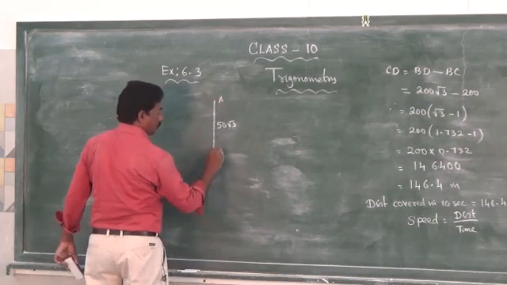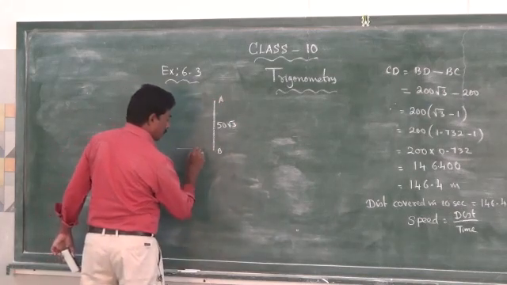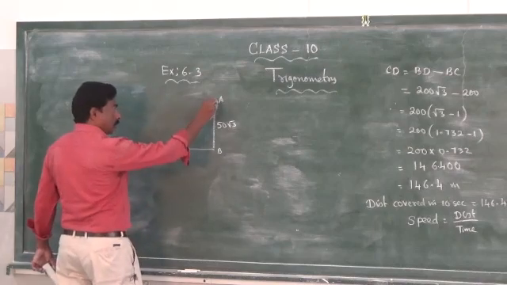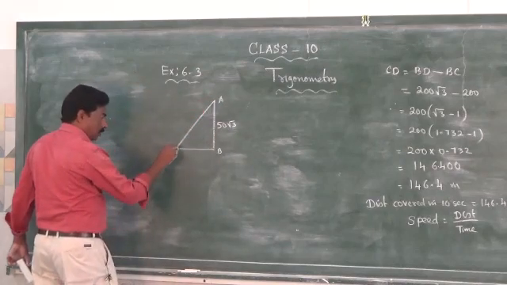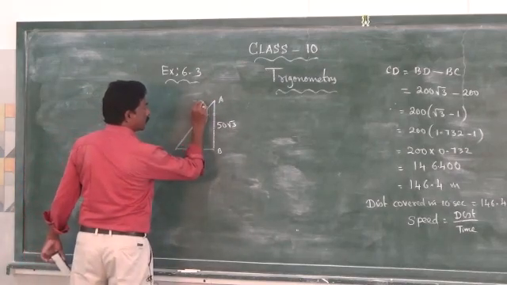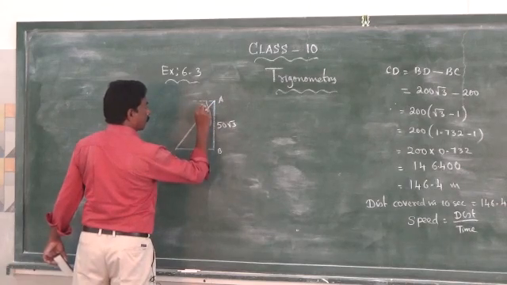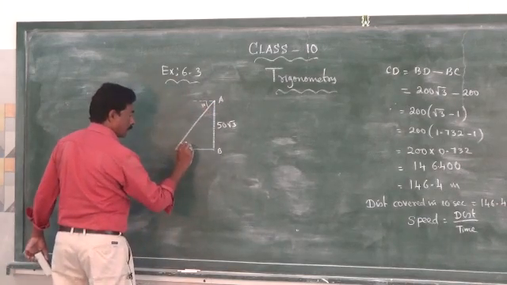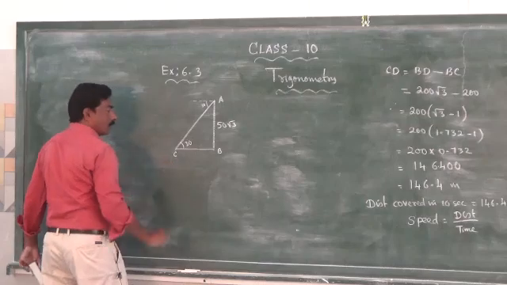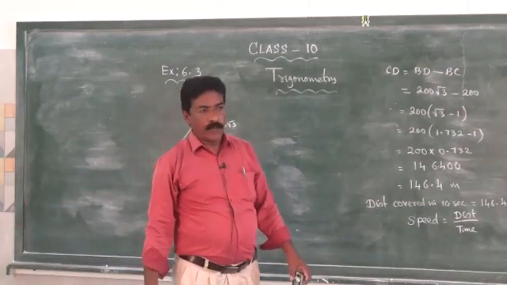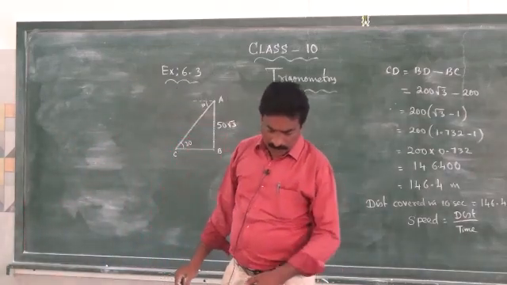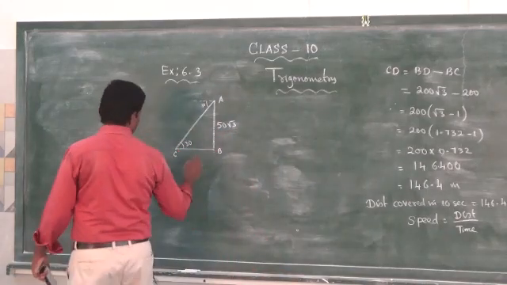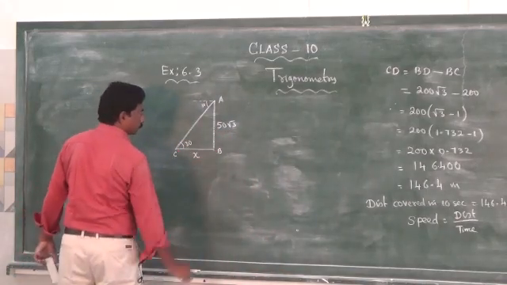AB is the rock and there is a car on the ground. From the top you are observing the car, the angle of depression is 30 degree. You have to find the distance of the car from the rock. So this distance you have to find.